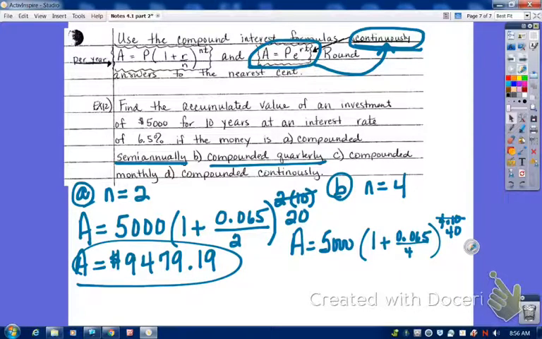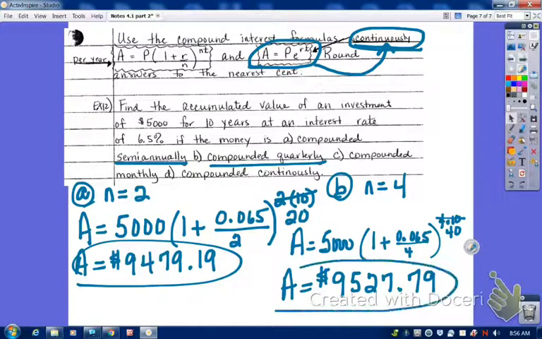And you should get something a little bit more than when you collected the interest semi-annually. Not going to be a lot more, but it'll be a little bit more. Shout it out when you have it. And it's money, 79. Have to round to the penny.